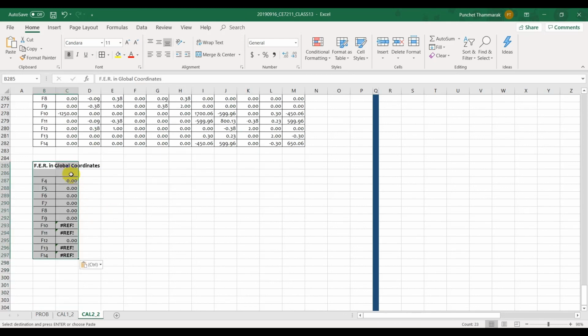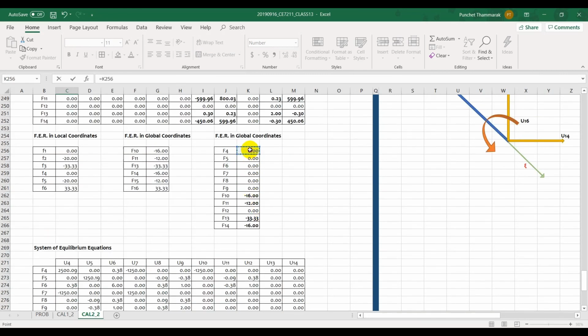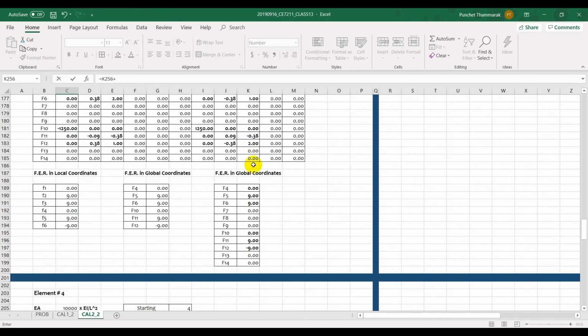We have the fixed end reactions, and we are going to address the external force. That includes the moment. So fixed end reactions, we collect from all members.